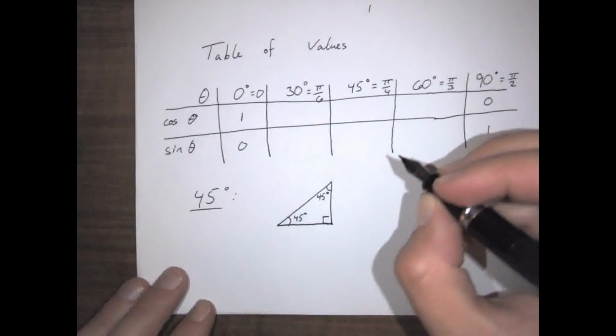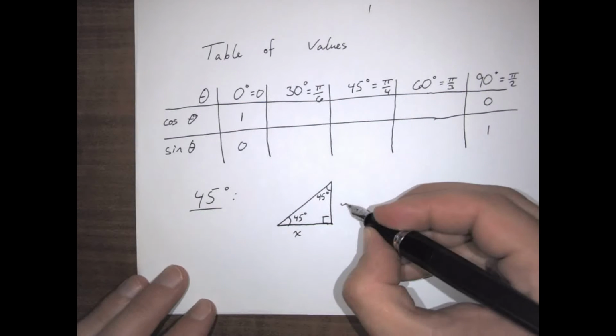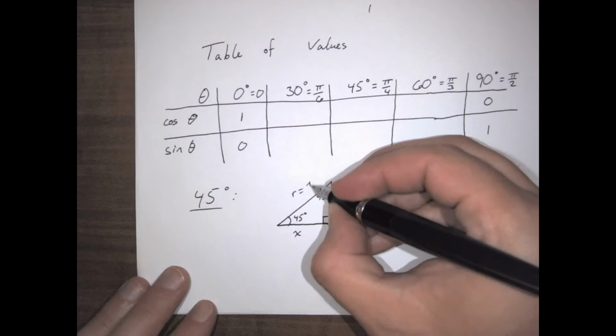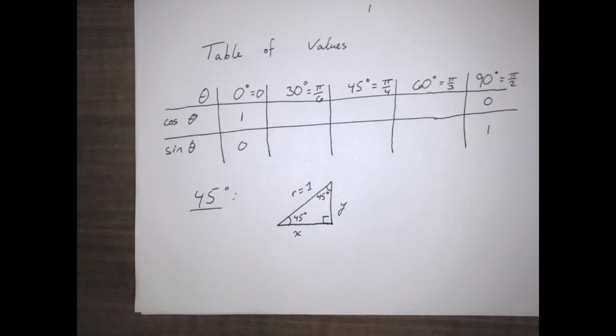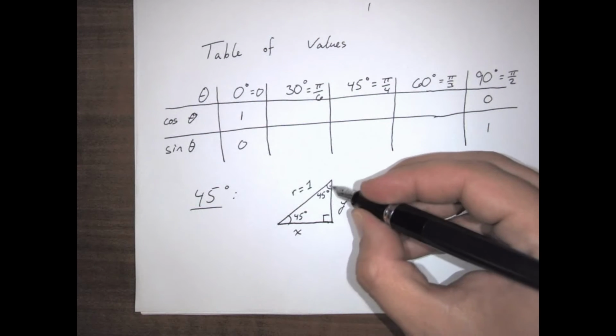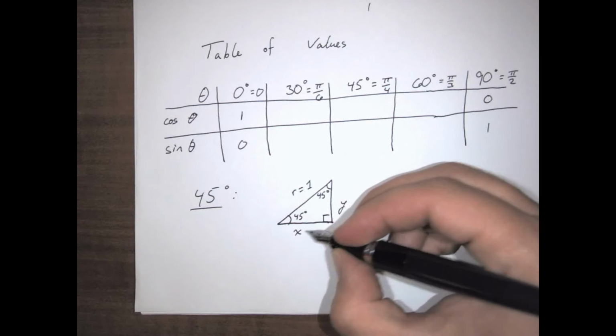All right, now if we had down here the x, and over here the y, and over here the r, which equals 1 because it's a unit circle, then we can figure out some relationships here. Namely, this is the same as this, so this is the same as that.